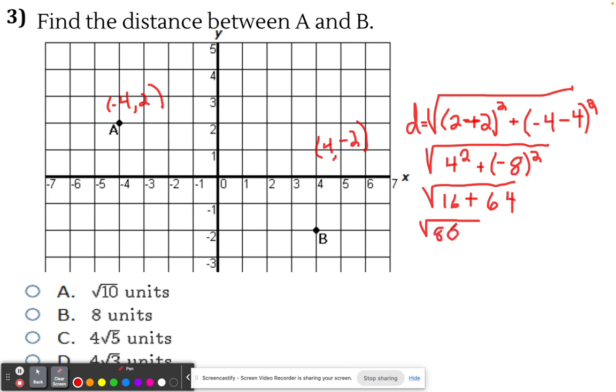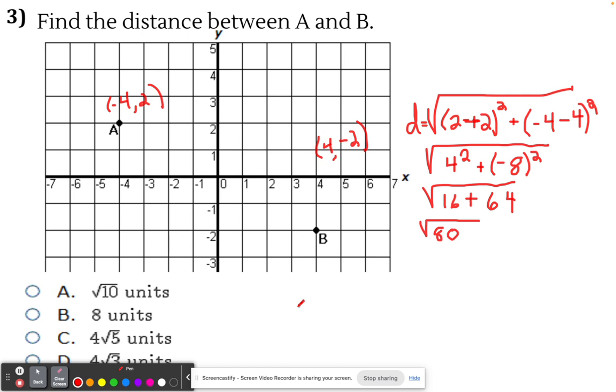Well, that's kind of interesting because that's not one of our choices. So what can I do? Well, one thing you can do is find the square root of 80, and you find out that it is just under 9. Oops, I had to put things in my computer in the wrong order.